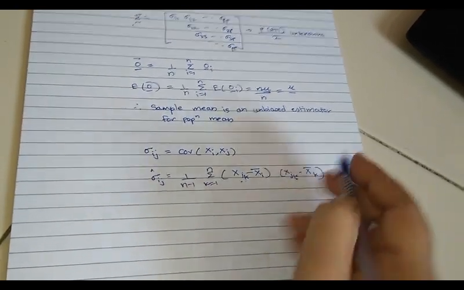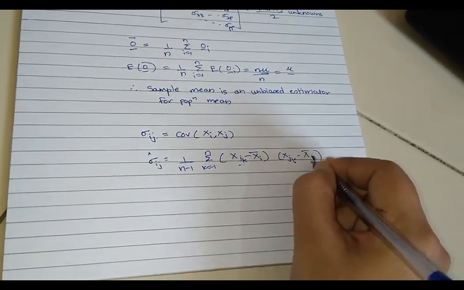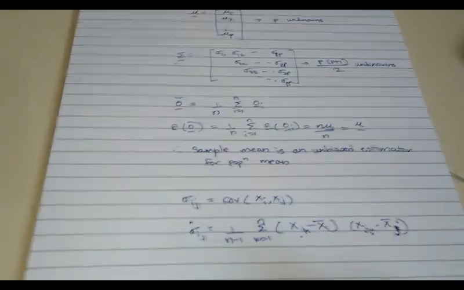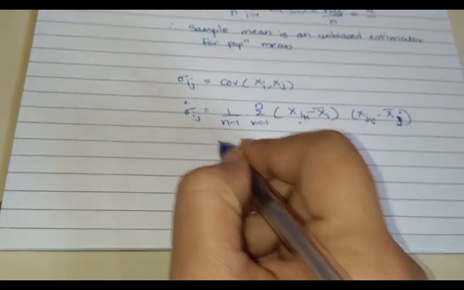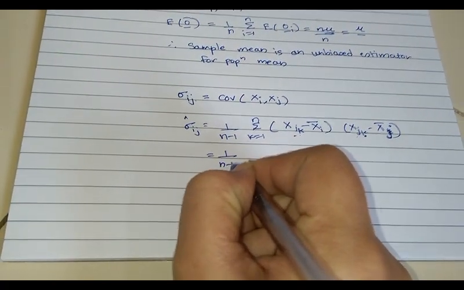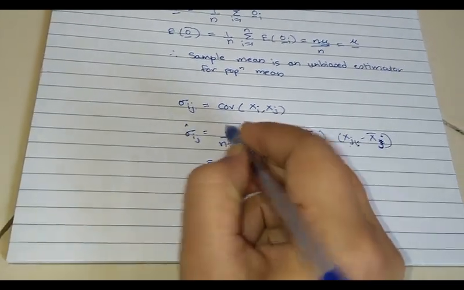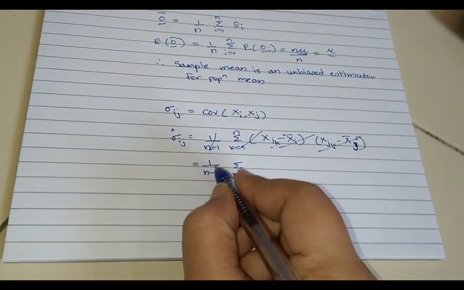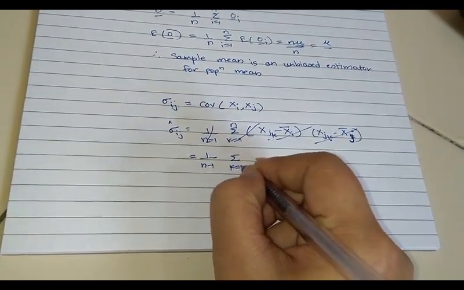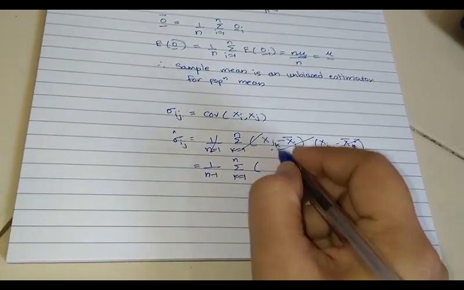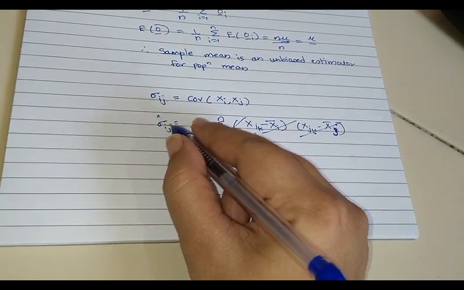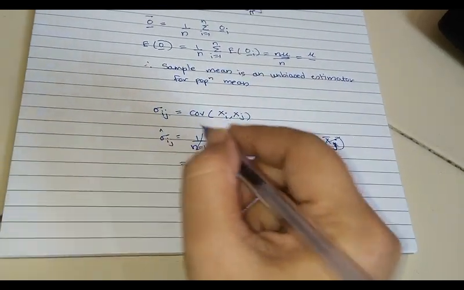I'm sorry, this is xj bar. So xik minus xi bar, xjk minus xj bar. Better to write in terms of oi oj, so it would be easier. If you are getting confused with the notation, just ignore this. I have 1 upon n minus 1, k going from 1 to n. I want covariance between ith and jth component.